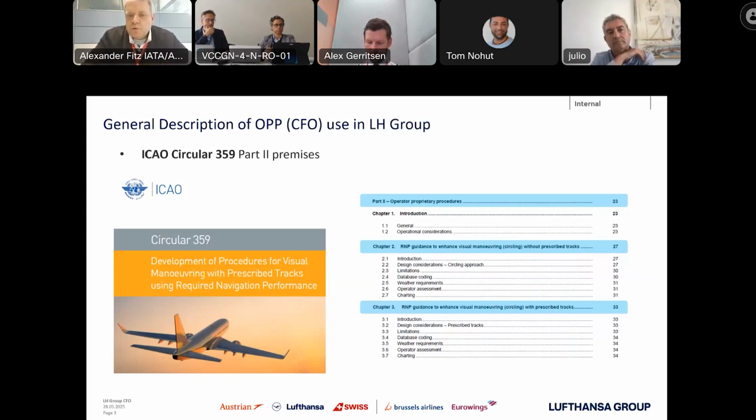So we make use of an area which is already taken into account by an ANSP, and we give better guidance in these areas where the pilots follow a visual procedure by providing a flight track laterally and vertically. Next, please.